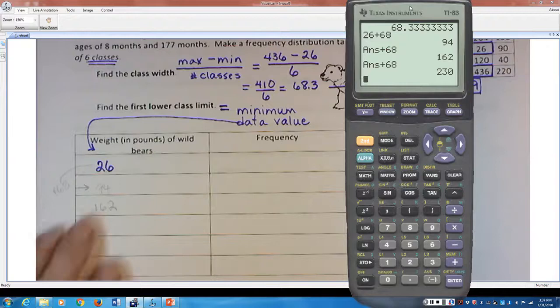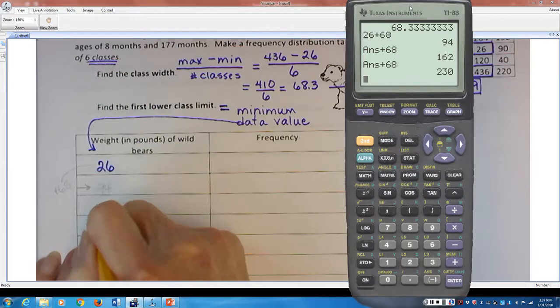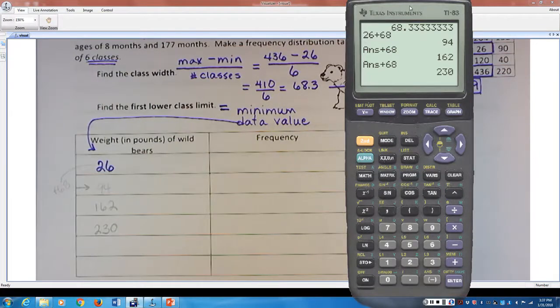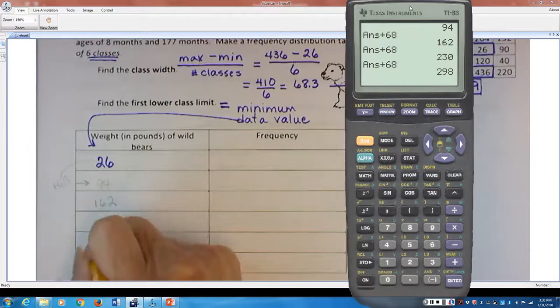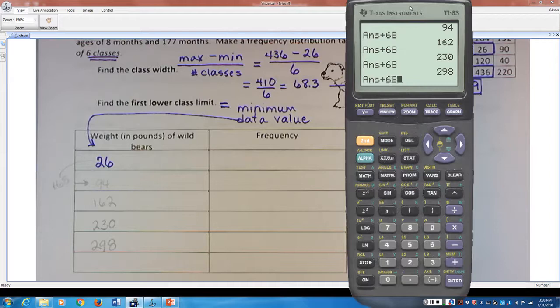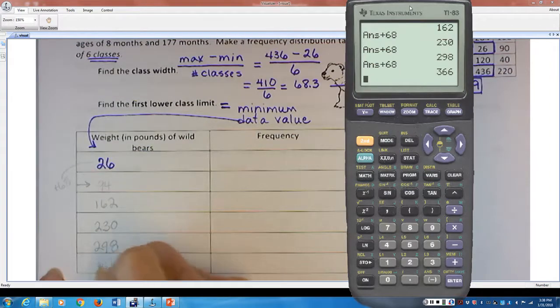And I get 230. And I get 298. And then I add another 68. And I get 366. And so far everything looks good, right? Now remember, you're not writing these down. You're just watching.